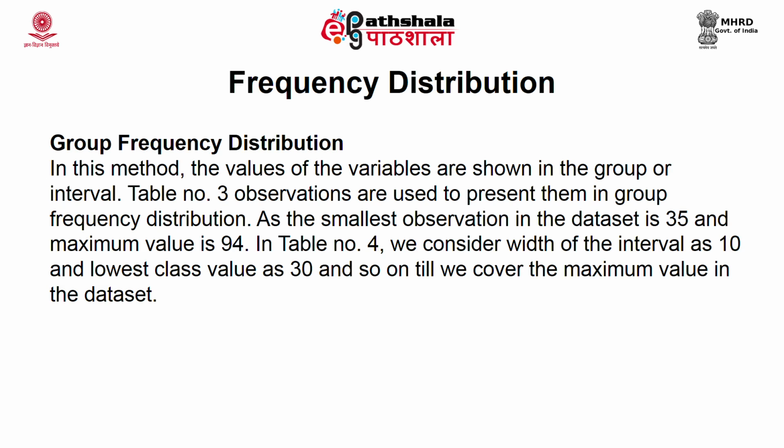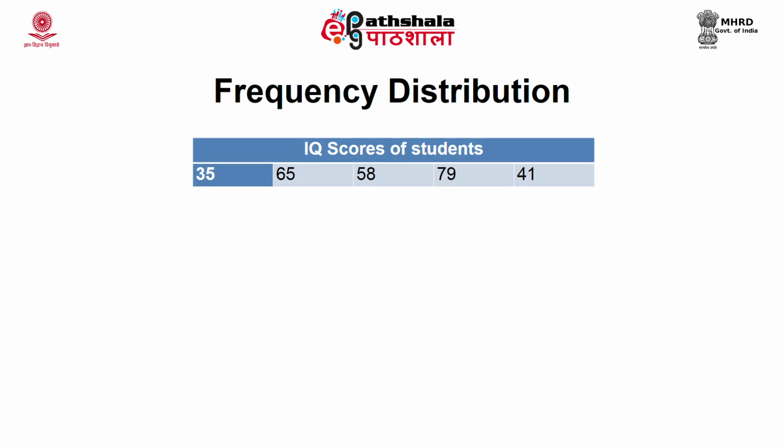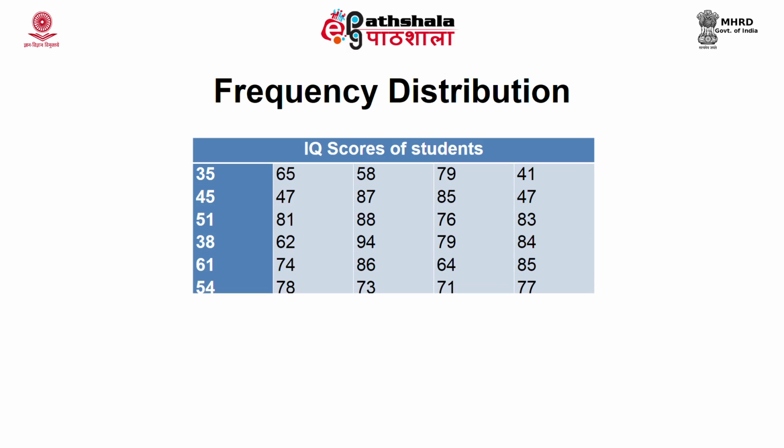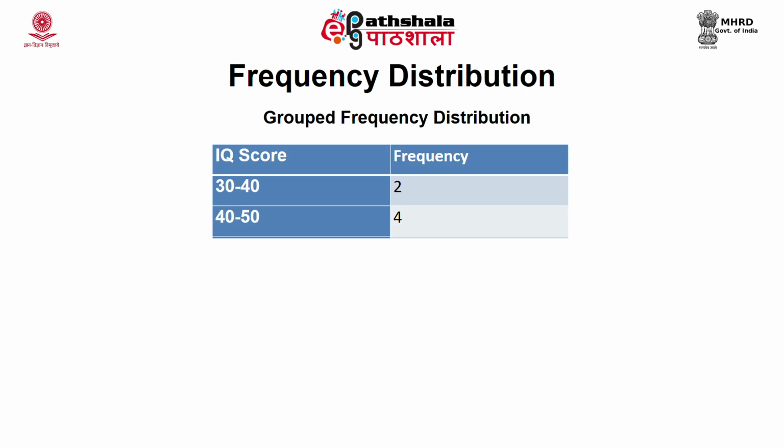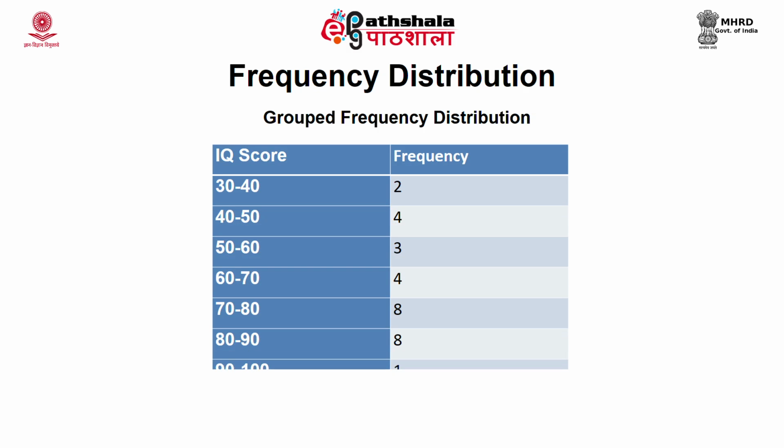In table number 4, we consider the width of the interval as 10 and the lowest class value as 30, and so on till we cover the maximum value in the data set. So in table 3 we have 30 IQ scores of students, and in table 4 we construct the grouped frequency distribution of the data set.